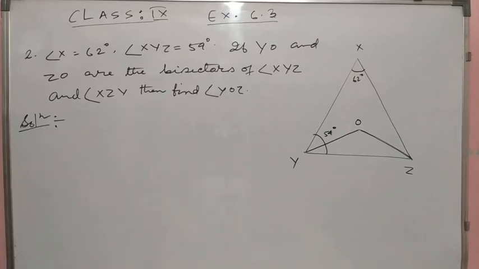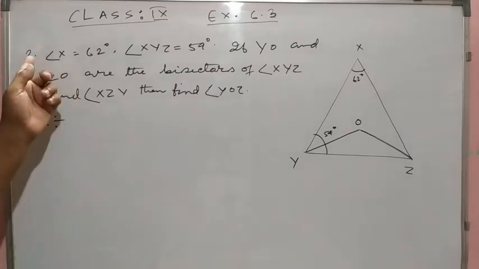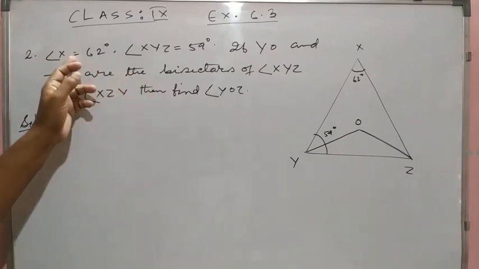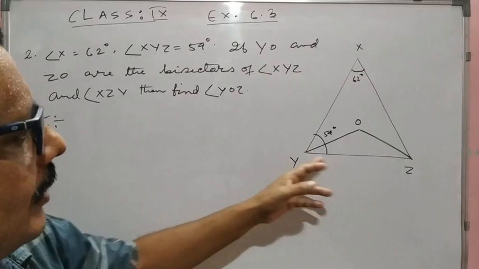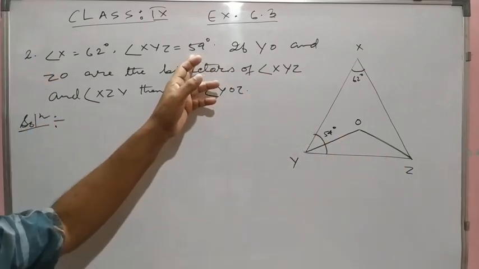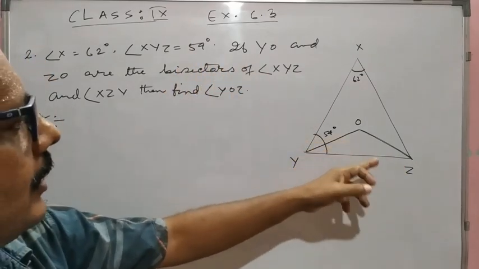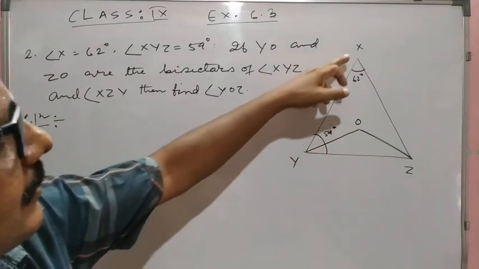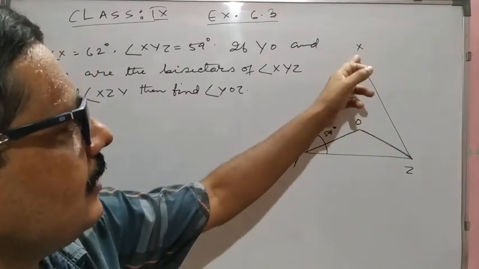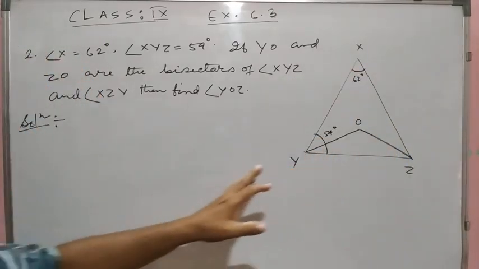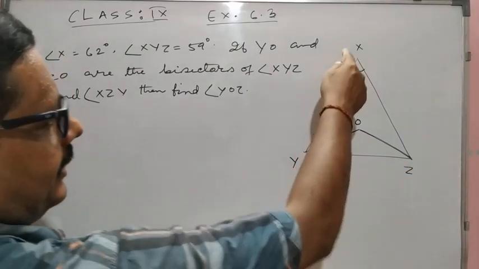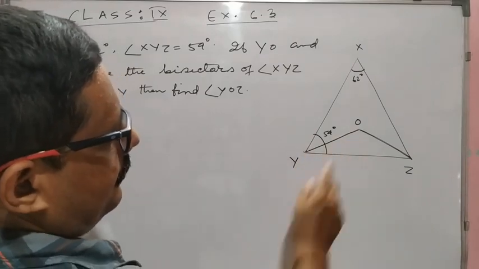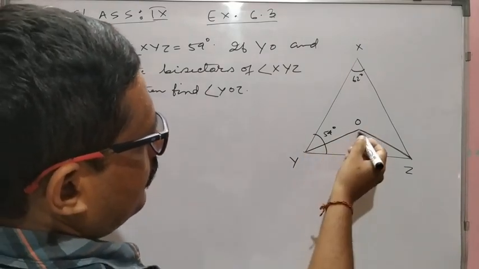Okay. Now you see question number 2. Here angle X equals 62 degrees, and angle XYZ equals 54 degrees. If YO and ZO are the bisectors of angle XYZ and XZY, then find the measure of angle YOZ. That is, here XYZ is a triangle, and YO is the bisector.